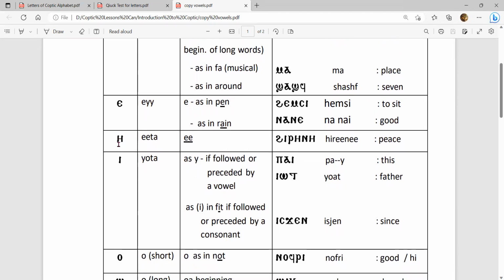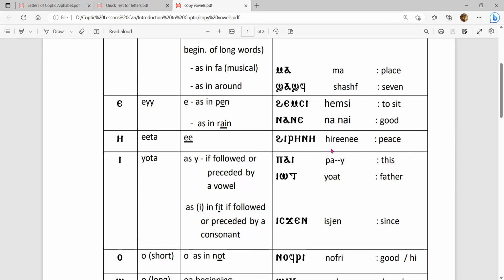The eta, which looks like an H, is always like a double E. The word I have chosen here is hereni: hori, H, E, iota, ro, R, eta, E, nay, N, iota.